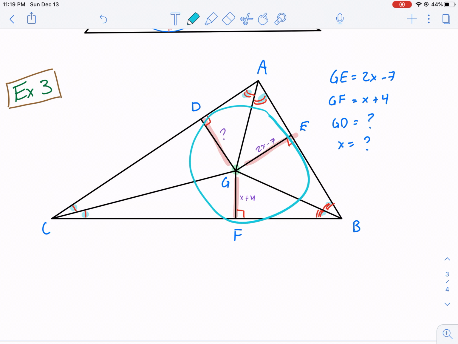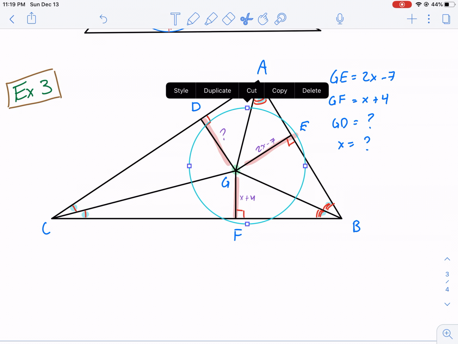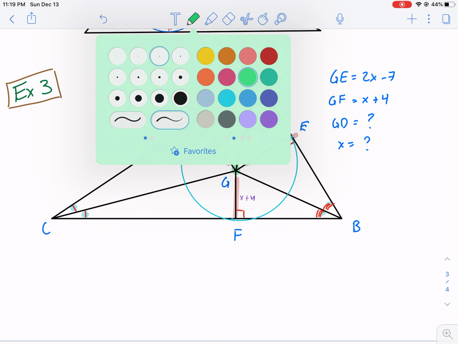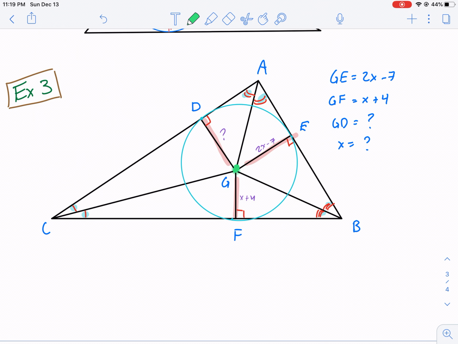Why? Because it's the meeting place of 3 angle bisectors. Why else? We could draw a circle on the inside, have it touch the triangle in only 3 spots, and its center, the green dot, is going to be where the 3 angle bisectors meet up.